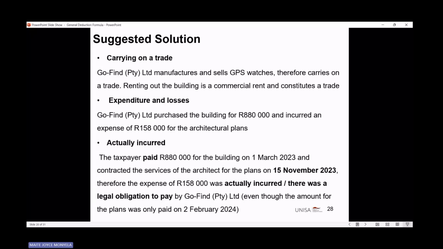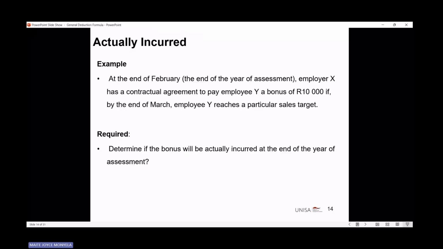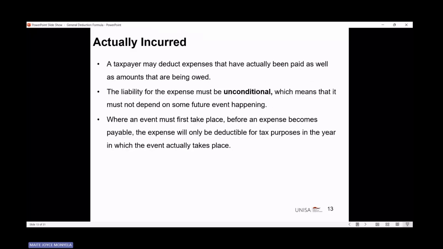So let's go to actually incurred. Remember, the question was asking whether the 880 and the 158 qualify as a deduction. So according to section 11A, what is actually incurred? Let's go to our notes. We said actually incurred means that the taxpayer can deduct expenses that have actually been paid as well as the amounts that are owed.